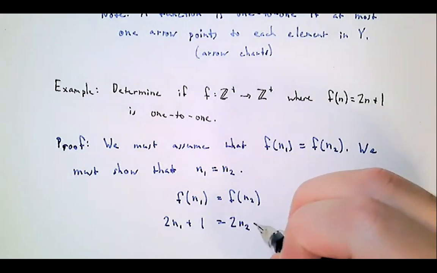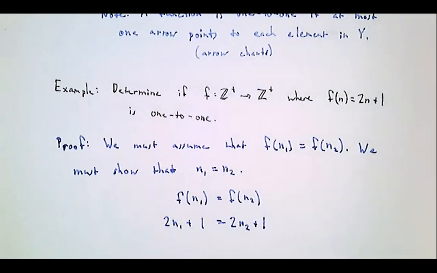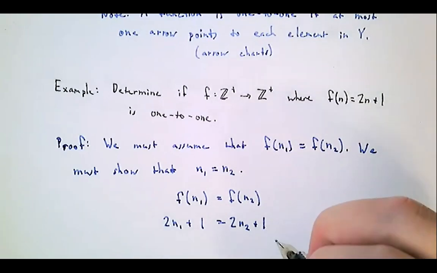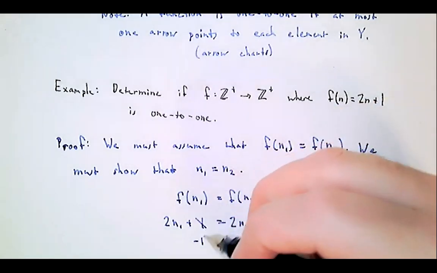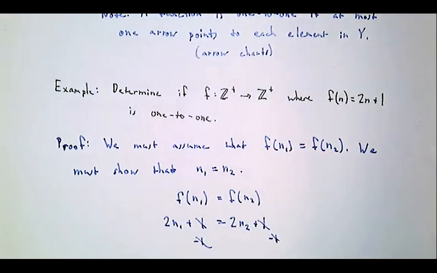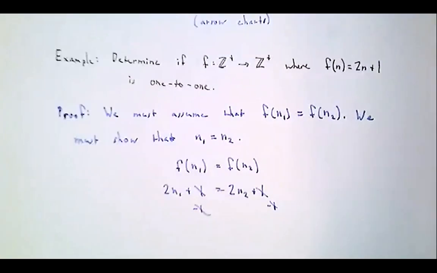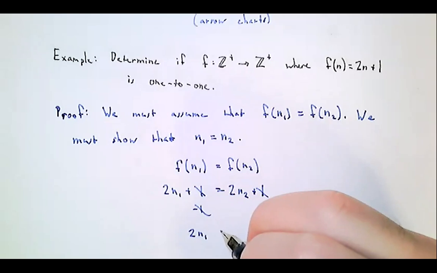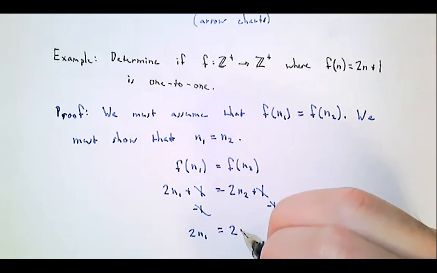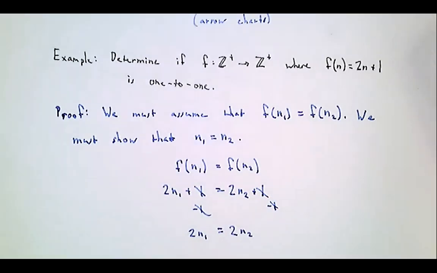2n2 plus 1. And now we can do a little bit of algebra to show that n1 is equal to n2. So subtract 1 from both sides, cancel off the plus 1s. So you have a 2n1 left over on the left, and a 2n2 on the right.